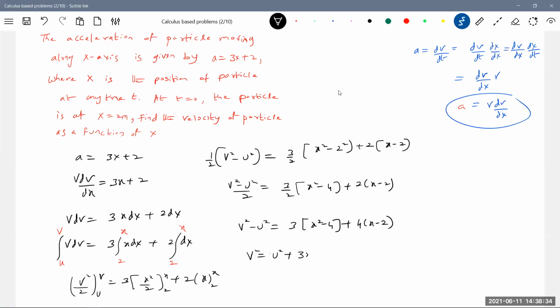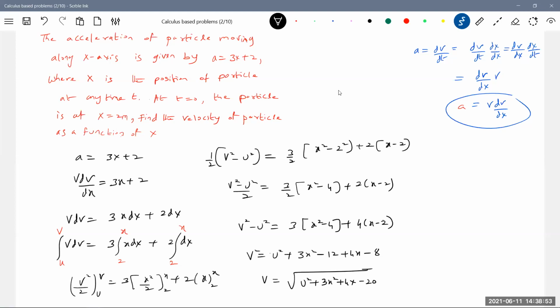U square, 3x square minus 12, 4x minus 8. U square, 3x square plus 4x minus 12 minus 8 minus 20. I think you don't get any value here, no?